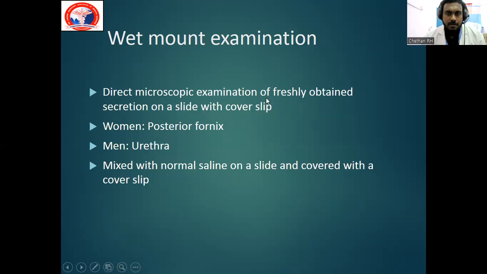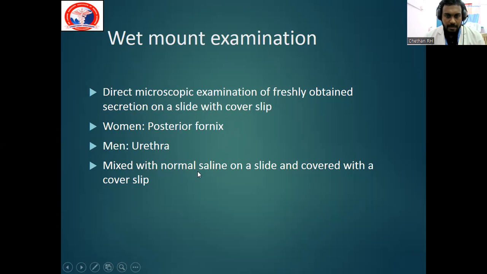Then we have wet mount examination. Here, instead of using potassium hydroxide, we use normal saline or distilled water. In men, we collect the sample from the urethra. In women, we collect the sample from the posterior fornix.